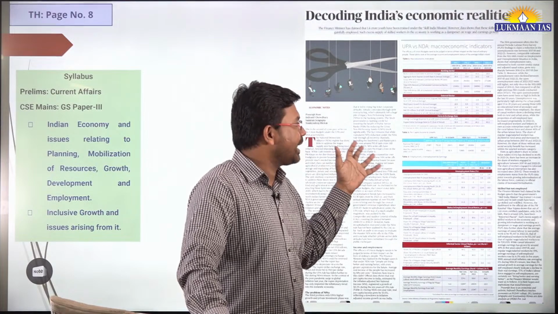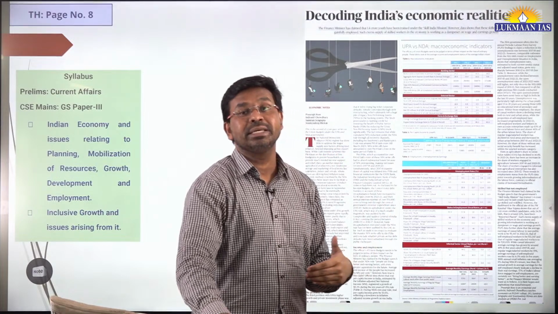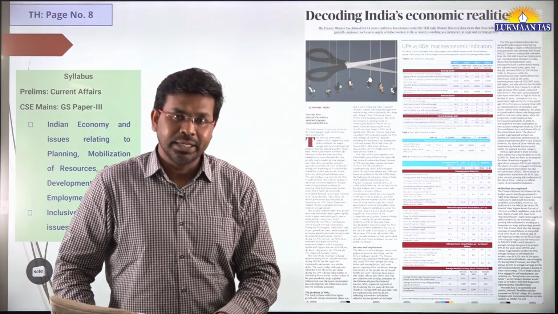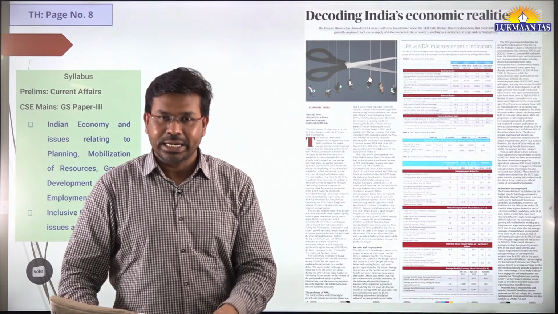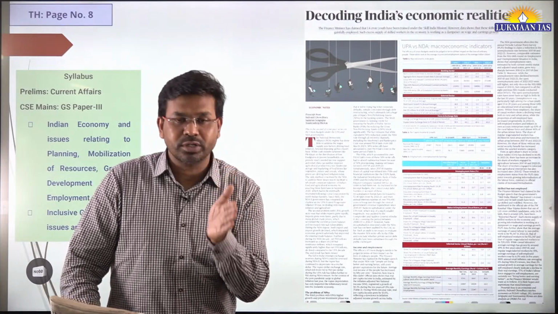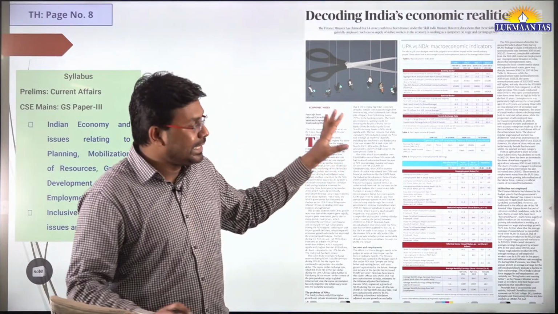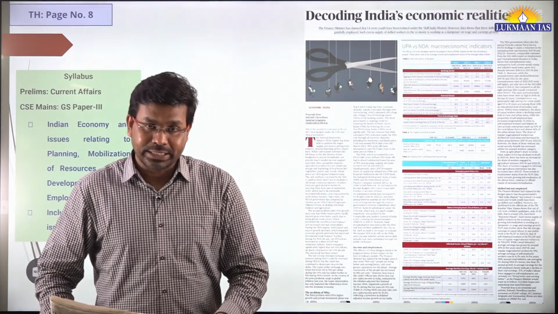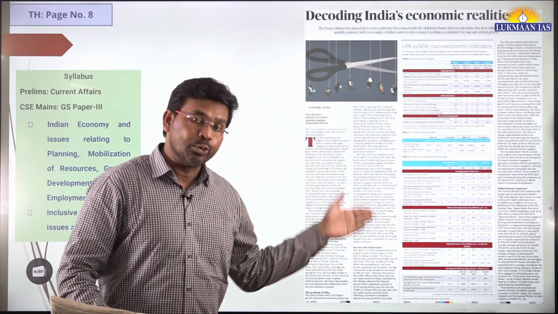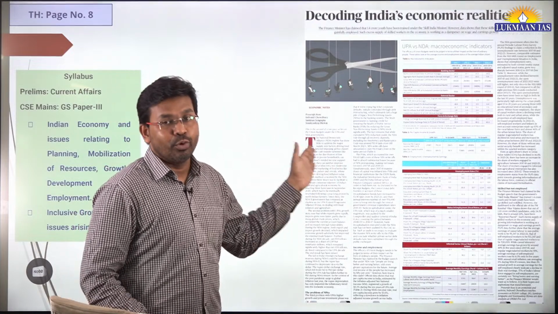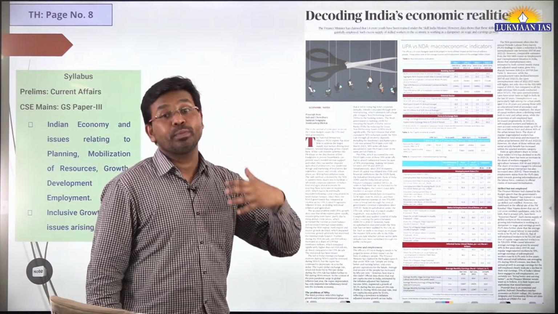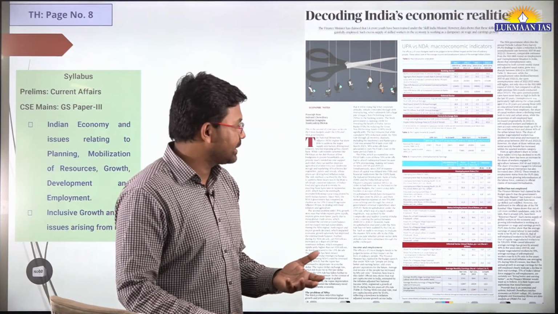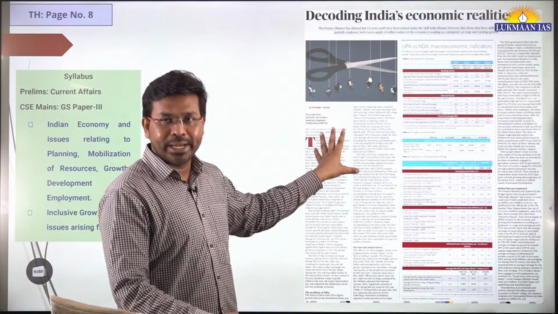Here they have discussed that per capita income has grown by 50% during the last 10 years, right? However, from 2004 to 2014, the data shows that per capita income grew by 43%. During the UPA tenure from 2004 to 2014, it grew by over 50%. So they have compared this, right?